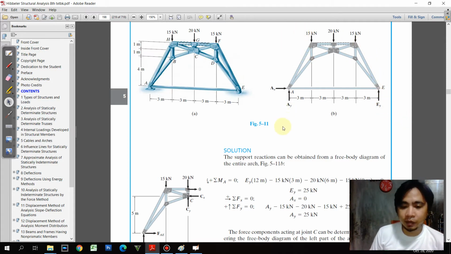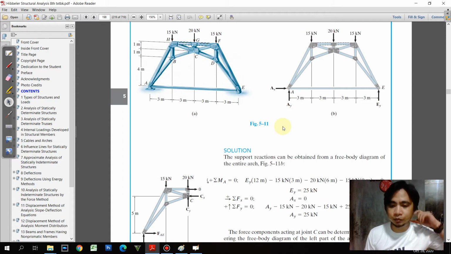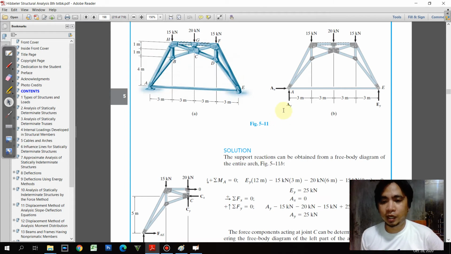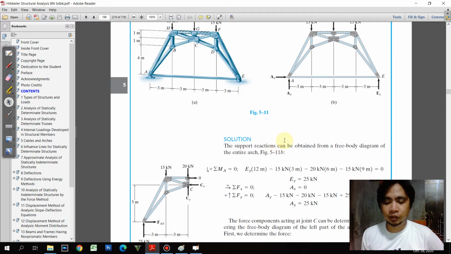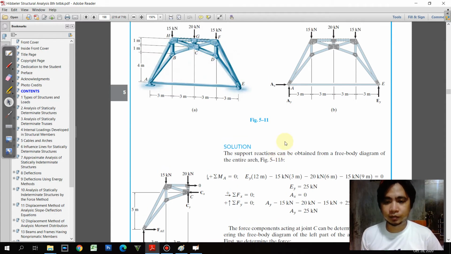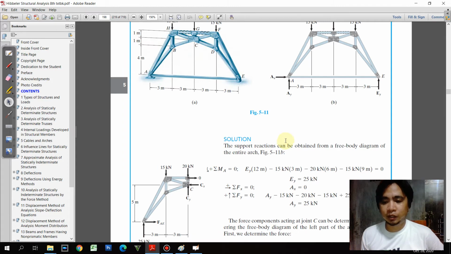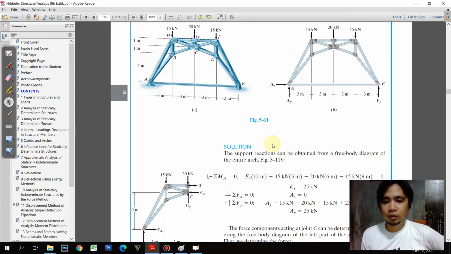So this time, a counterclockwise moment is assumed to be positive, and a clockwise is assumed to be negative. So anyway, it is the sign convention in this book. We'll just yield the same result if we stick to the sign convention that we usually do.